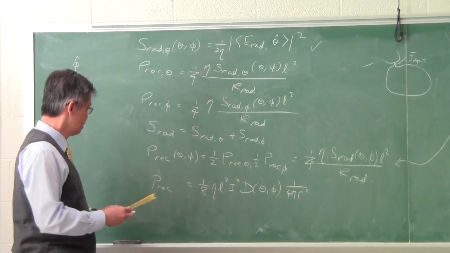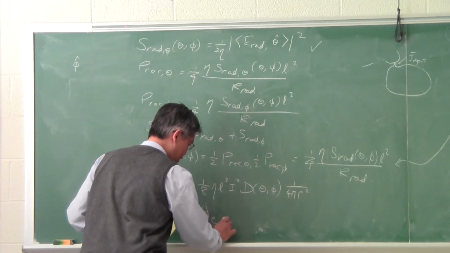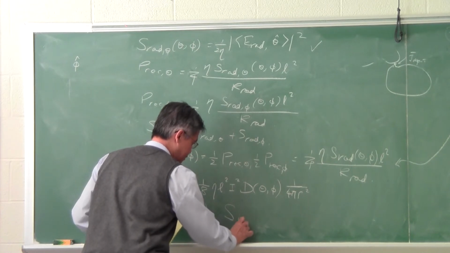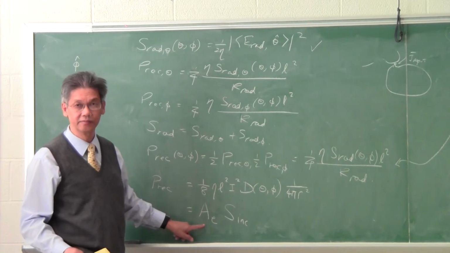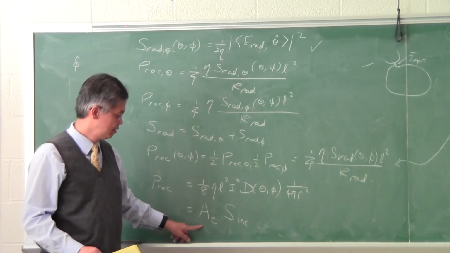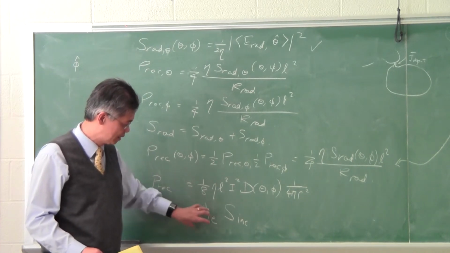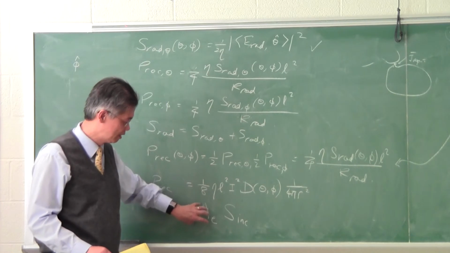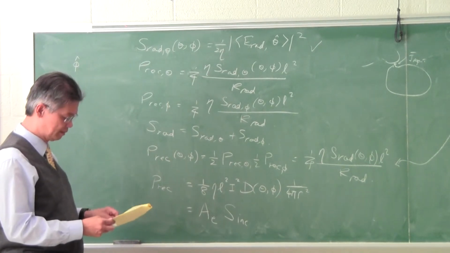But the power received can also be written as effective aperture times S incident. This is just a definition of what an effective aperture is, just like radar cross section. For radar cross section, you define the effective cross section so that the power incident is intercepted by the effective cross section. Then power received is also defined by this.